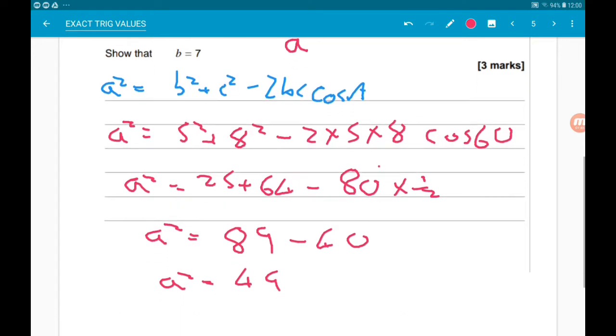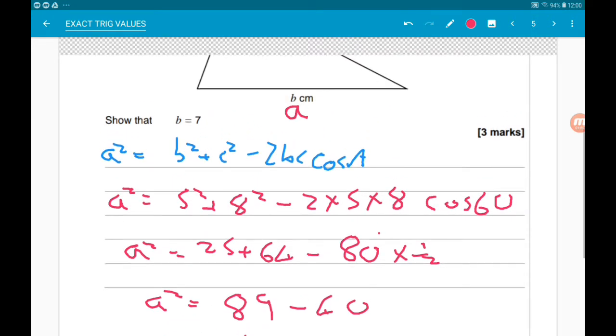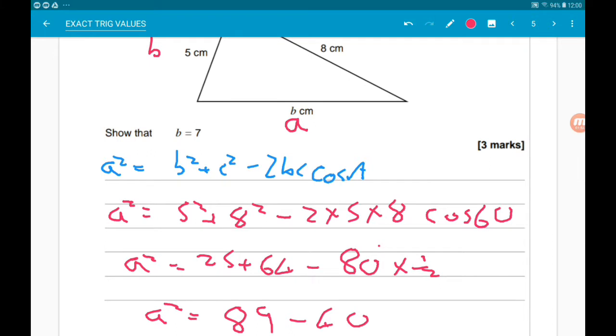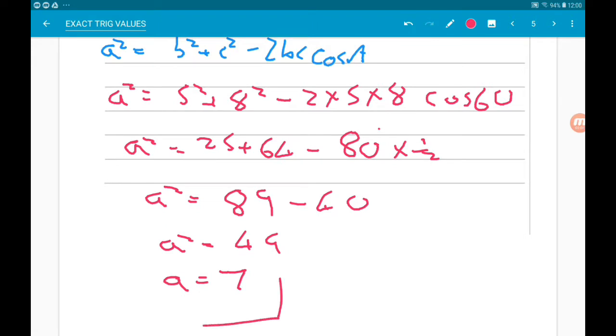Square root of that, a is 7. So we've done it, even though we used a for the label of that side, we have found that that side is 7 centimetres. So, job done. And as I said, you are absolutely fine to put your own labels on these triangles so that they work better with the formulas the way that we know them.